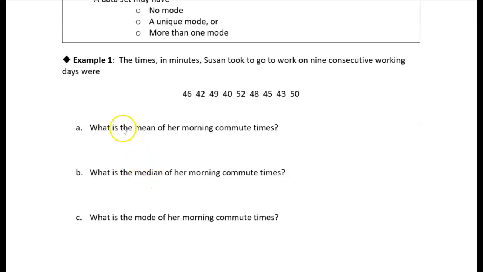To get the mean, we add up all of these data points: 46 plus 42 plus 49 plus 40 plus 52 plus 48 plus 45 plus 43 plus 50. How many data points are there? 1, 2, 3, 4, 5, 6, 7, 8, 9. There are 9 data points, so I'm going to divide that sum by 9.